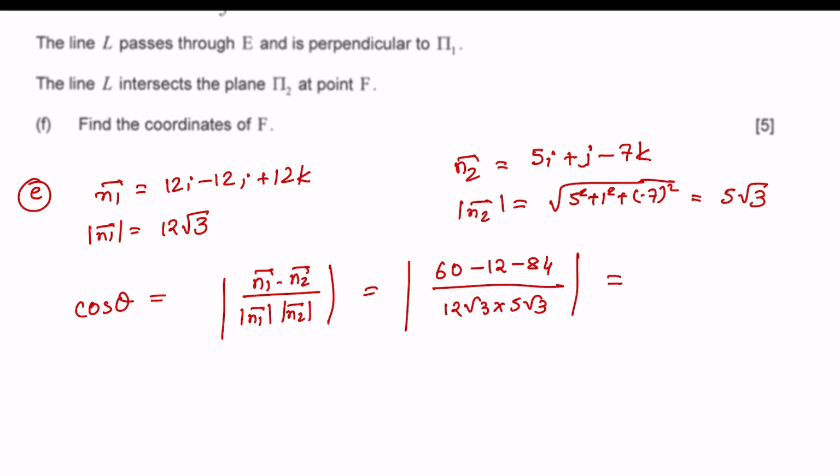So 84, 96, it's 36 in the numerator. Negative 36 divided by 12 times 5 times 3. You can cancel 12 and 3 in the denominator with 36 in the numerator. It will give me 12. Cancel this out. This is mod of negative, so 1 by 5. So cos theta is just 1 by 5.